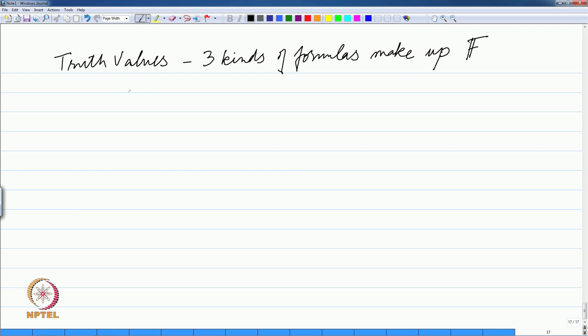One is called tautologies, which are always true.